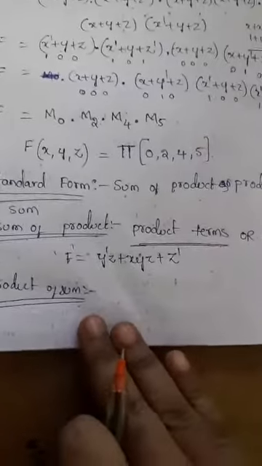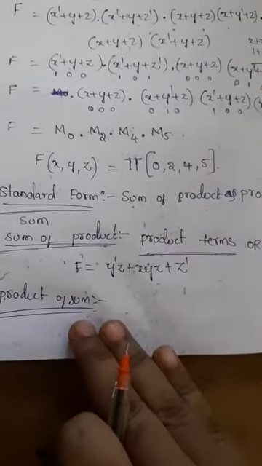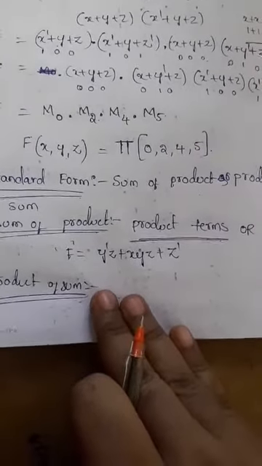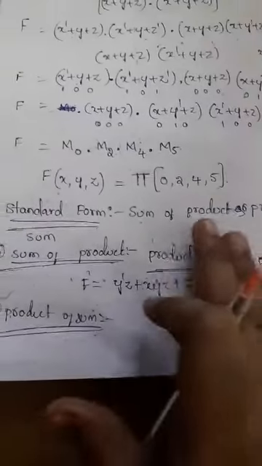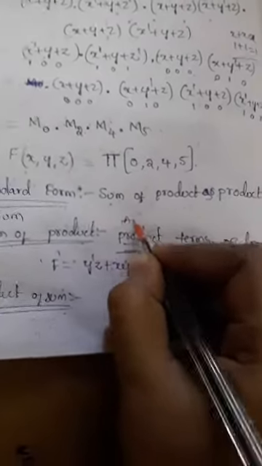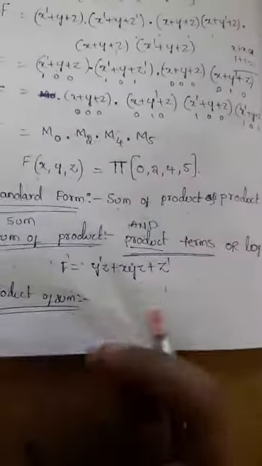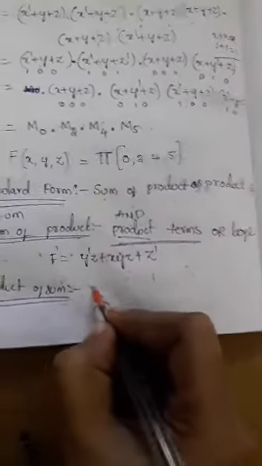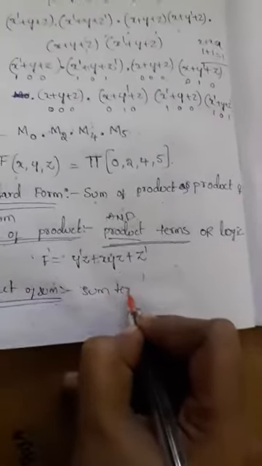How do we represent a product of sum? The Boolean expression containing AND terms is nothing but product terms. Here the Boolean expression contains the OR terms, that means sum terms.